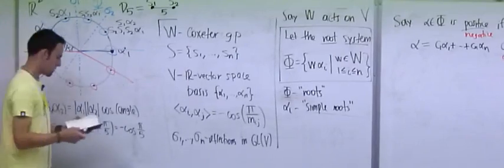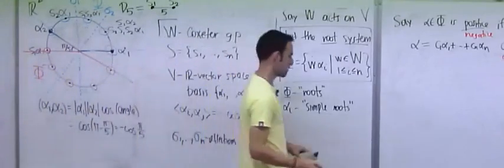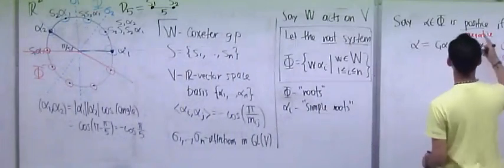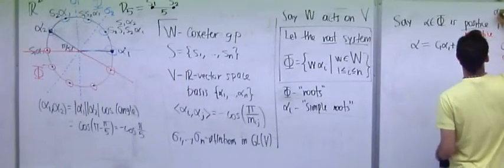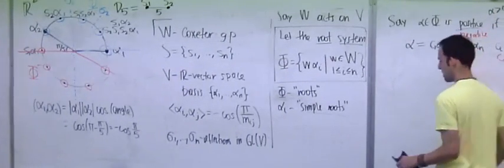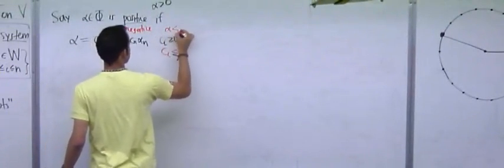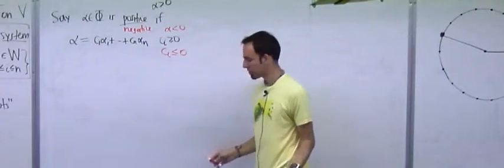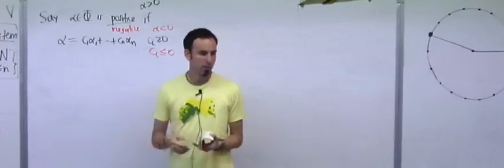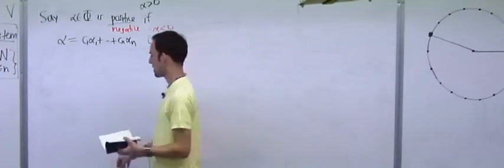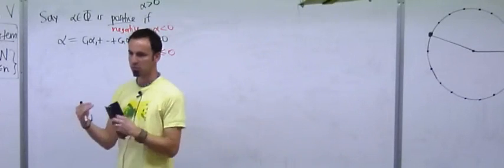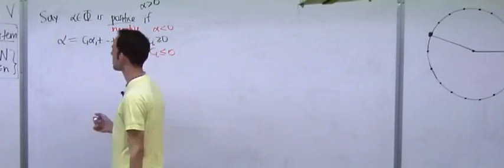Okay? And by the way, if it's positive, we write that alpha is bigger than 0. And if it's negative, we write that alpha is less than 0. Okay? And what I'm going to show next is that actually this is a fact for any Coxeter group. For any root system, the roots are separated into the positive ones and the negative ones.